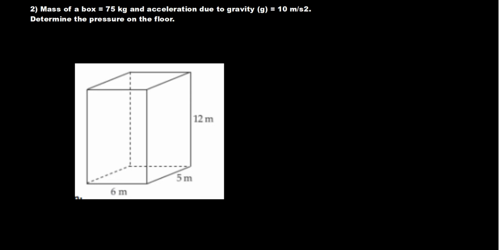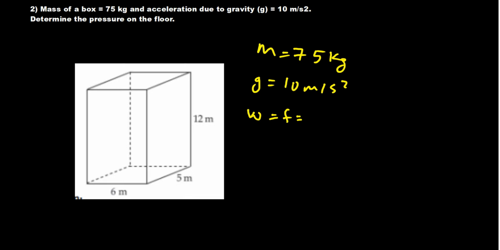Then here they give us another box of mass M, which is equal to 75 kilogram, and they give us g, which is equal to 10 meter per second square.